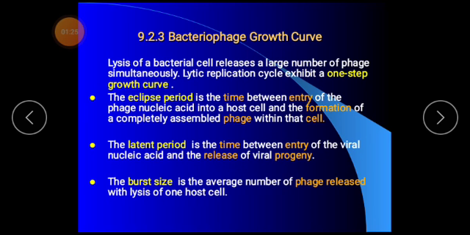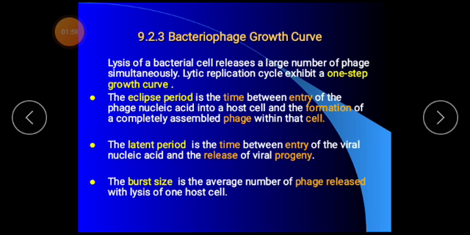These are the periods, or the parts, involved in the growth curve. There is the eclipse period. It is the time between entry of the phage nucleic acid into the host cell and the formation of the complete assembled phage within that cell.